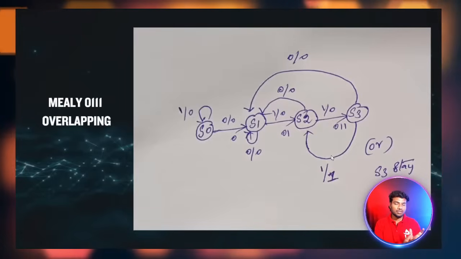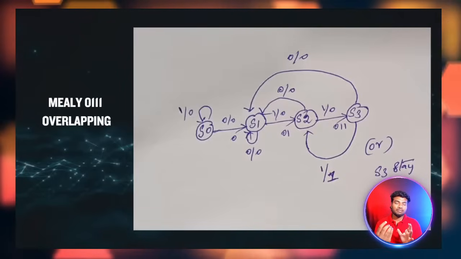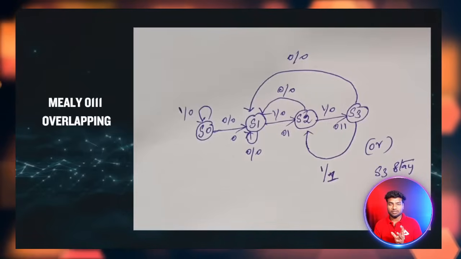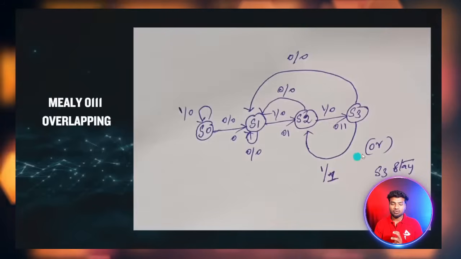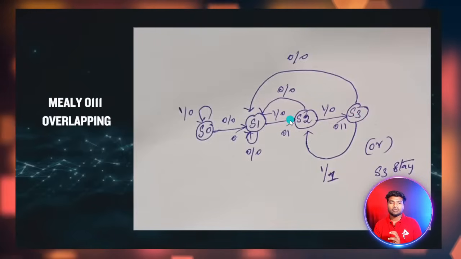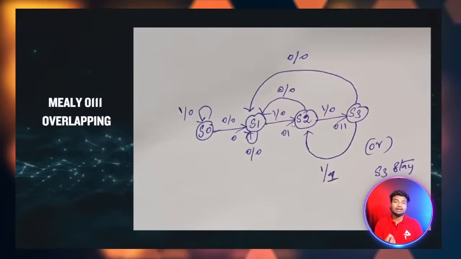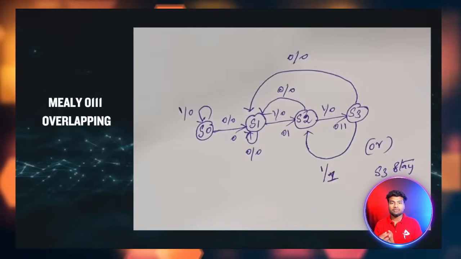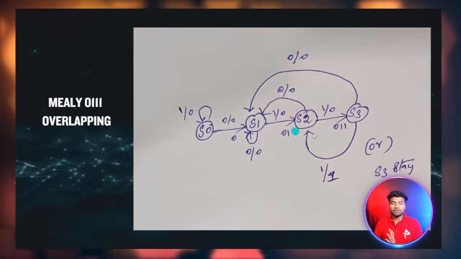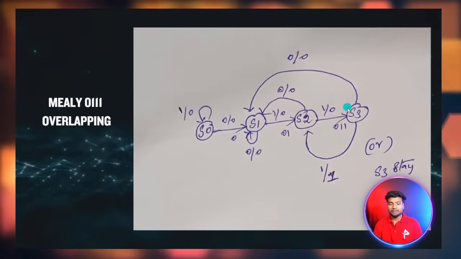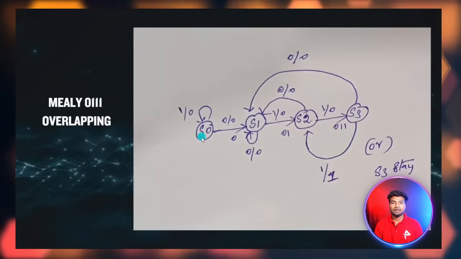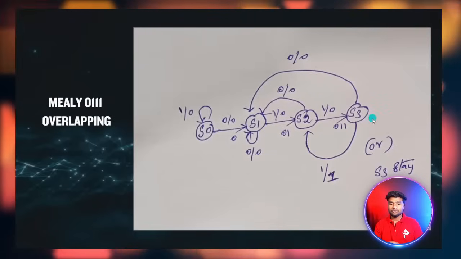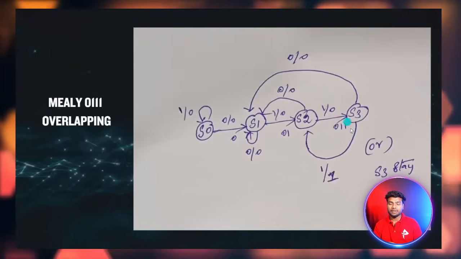I already got one sequence, and I want to detect the next one. If I reuse the state, it is overlapping. If I go to the initial state, I am starting from 0, so it comes under non-overlapping.